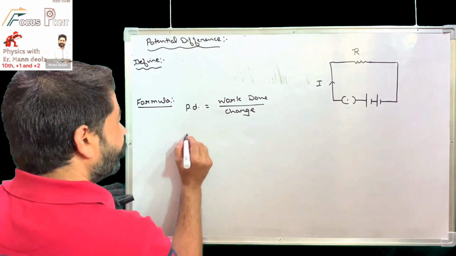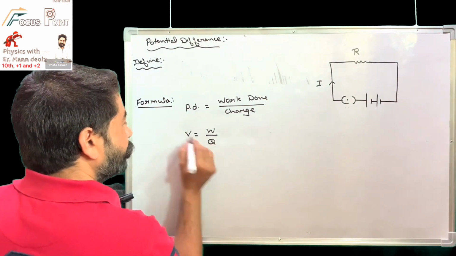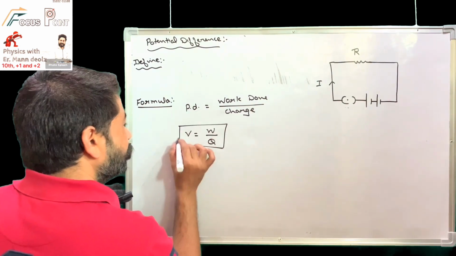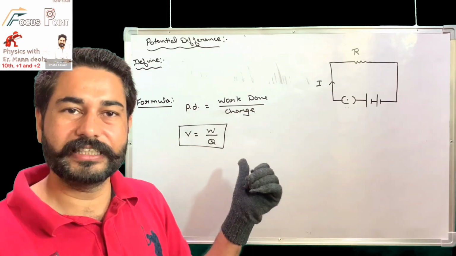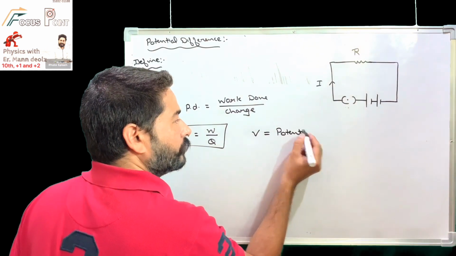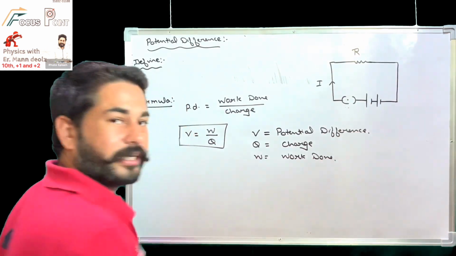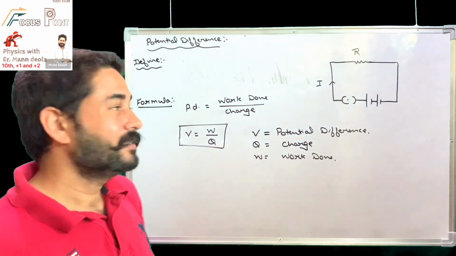Potential difference is represented by V, work done is W, and charge is Q. So this is the formula you have to remember: V is equal to W by Q. These are the meanings of these symbols.